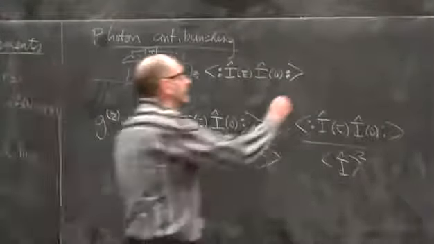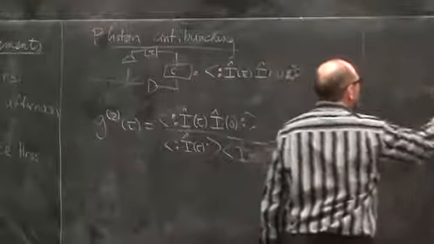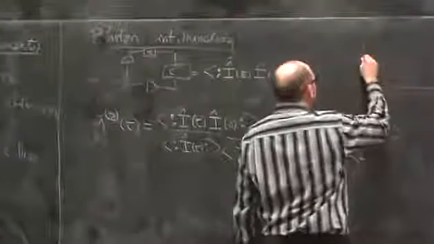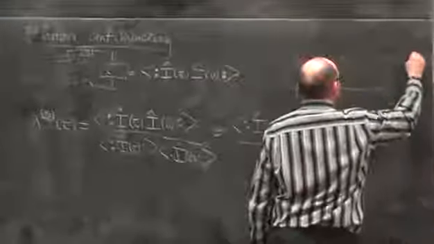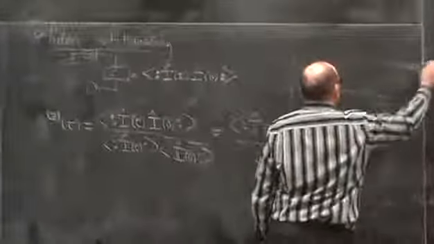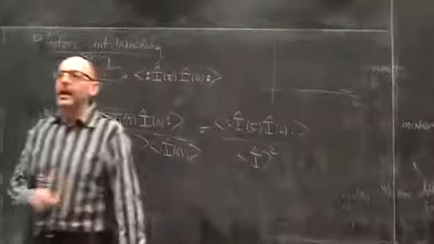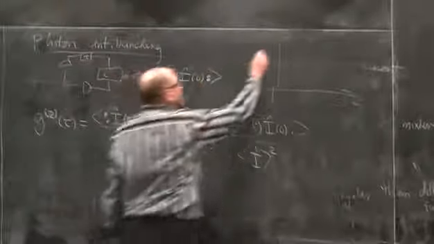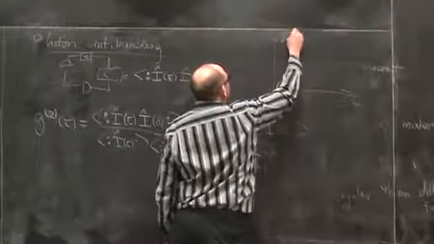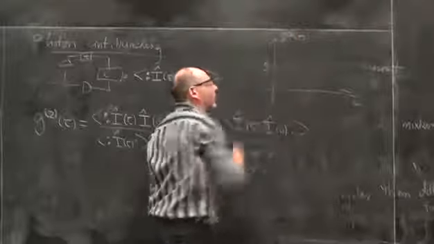That what I find is the following. If I were to plot that as a function of tau, that if I have a coherent state with a long coherence time, that this G2 as a function of tau is 1 and flat.